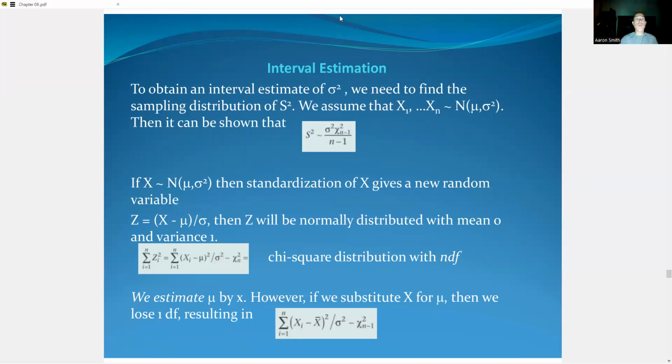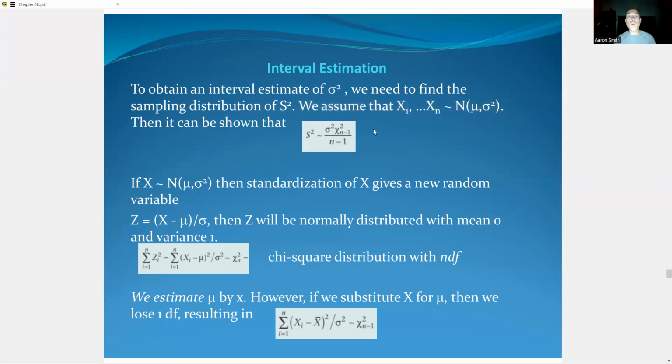Now, interval estimation. To obtain an interval estimate of sigma squared, we need to find the sampling distribution of s squared. We assume that all of our x's are normally distributed with mean mu and variance sigma squared.